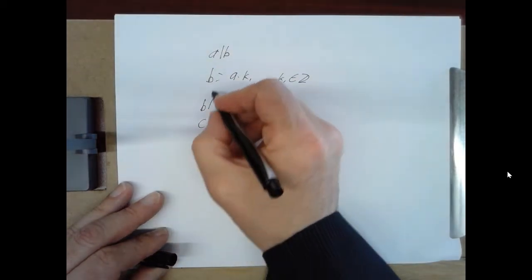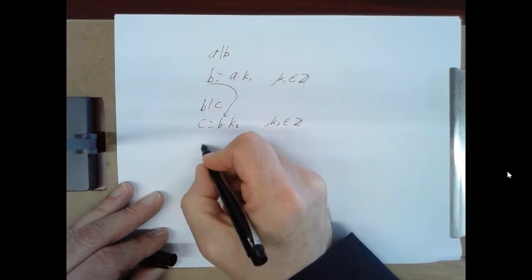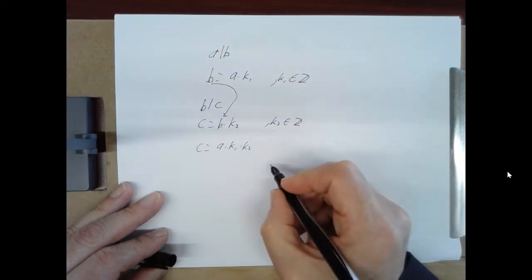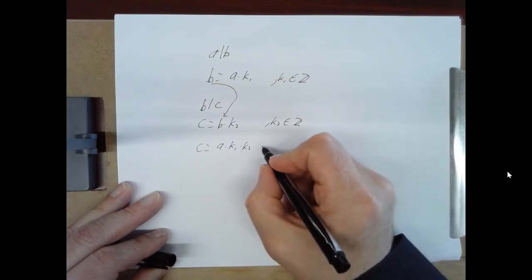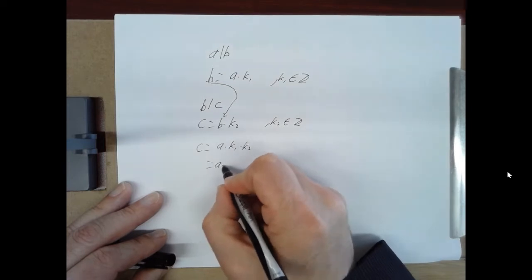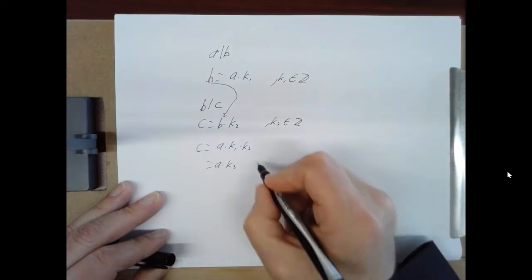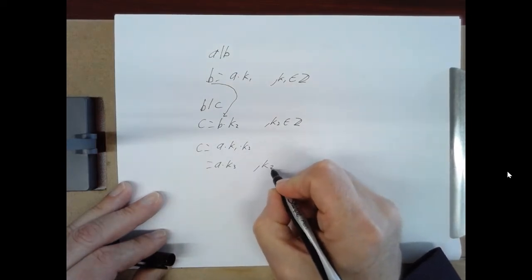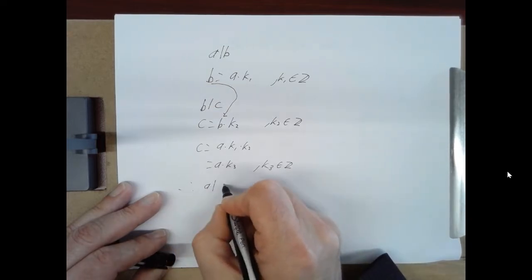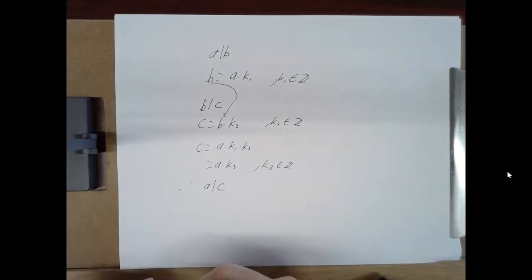And then we can substitute this B into here and say that C equals A times K1 times K2. And K1 times K2 is an integer. So C equals A times some K3, where K3 is an integer, therefore A divides C. That's the gist of it.